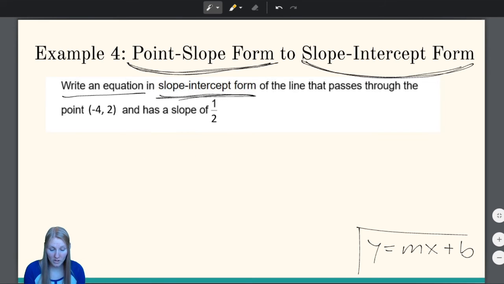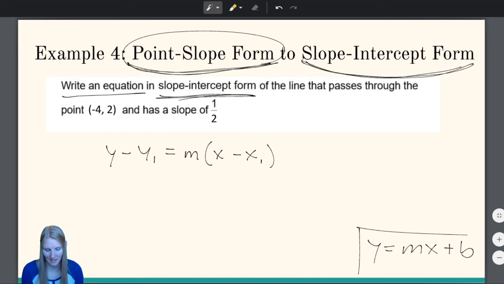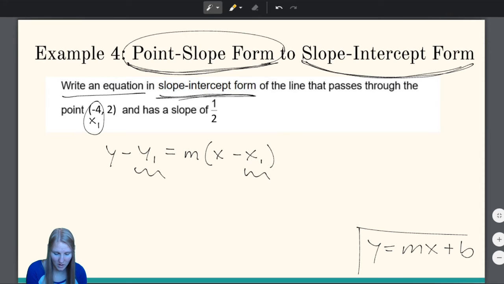So what we're going to do is start in point-slope form. Now remember, point-slope form is y minus y1 equals m times x minus x1. Remember, the y1 and the x1 come from the point that they gave us. So -4 is x1 and 2 is y1.